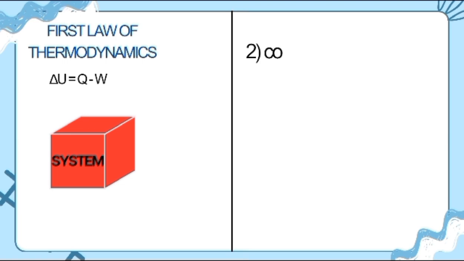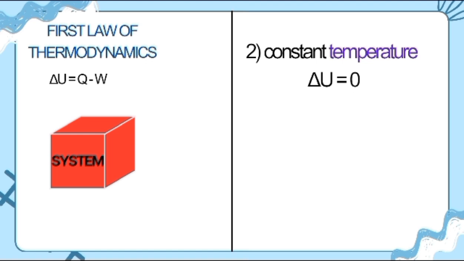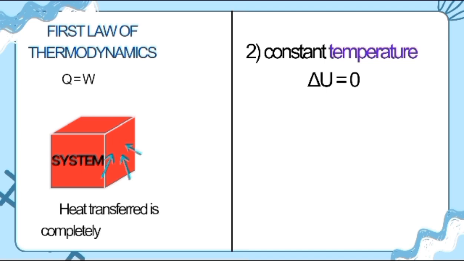If there's no change in the temperature of the system, there cannot have been any change in the internal energy of the system. Since these two values are proportional, delta U will be 0, which makes Q equal to W. This means that any heat transferred into the system is used by the system to do work rather than increasing the internal energy of the system.